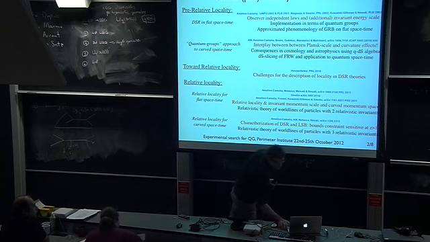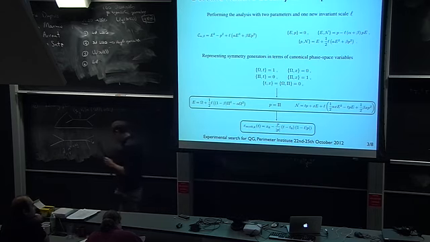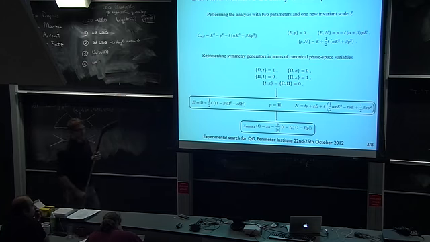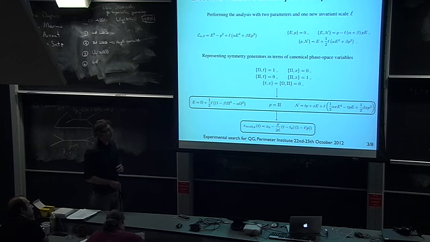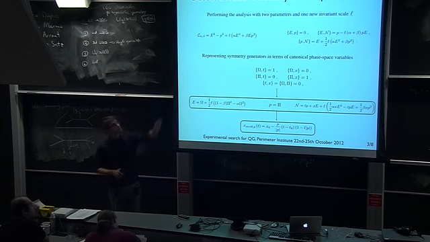And let me talk first about DSR relative locality in a flat space-time. So if we want to describe the propagation of a particle in a theory in which there is an invariant scale for the momentum, let's consider here a 1+1 dimensional model.